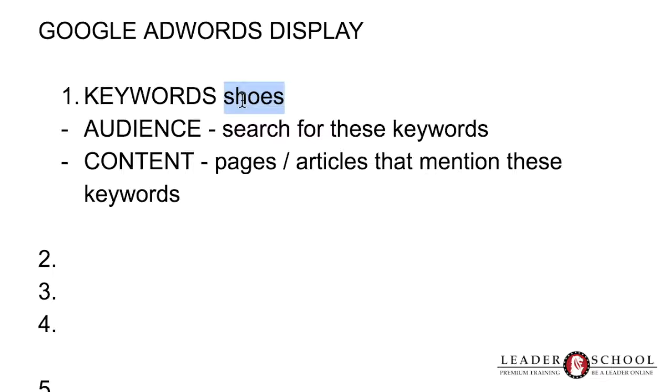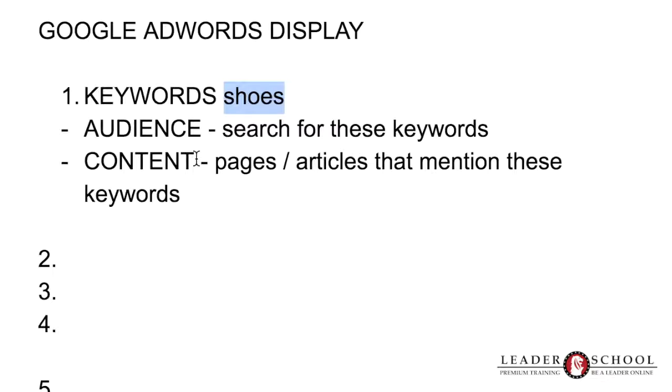So if I am a user highly interested in shoes and I go on Forbes magazine, there I will see your banner. If I'm not interested in shoes, or I haven't searched shoes in the past, I won't see your banner, I will see another banner. So this is the first way of targeting people based on what keywords they searched previously.